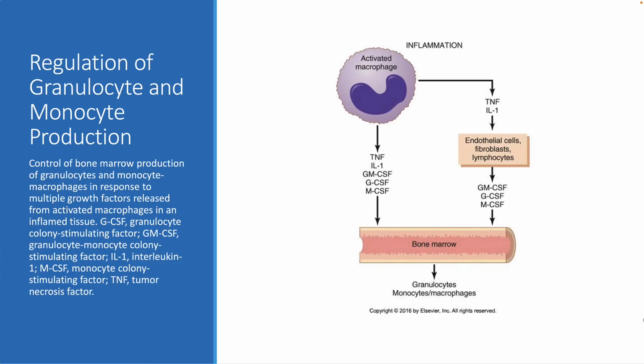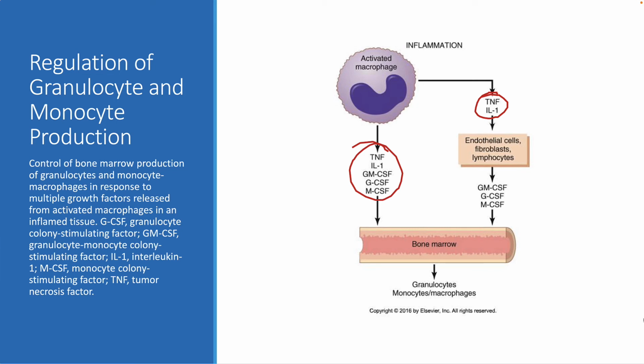How do these things get regulated? Well, again, it's from all these cytokines. Tumor necrosis factor, GM-CSF is granulocyte monocyte colony stimulating factor, and I forget the names of these things.